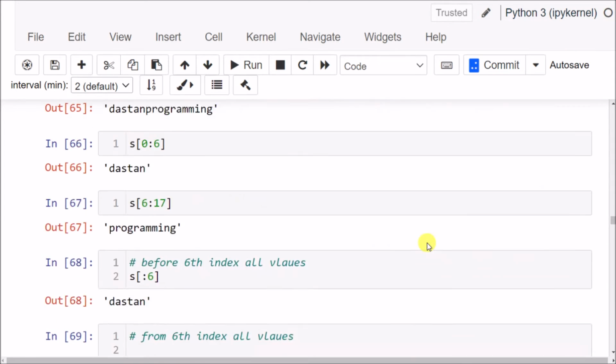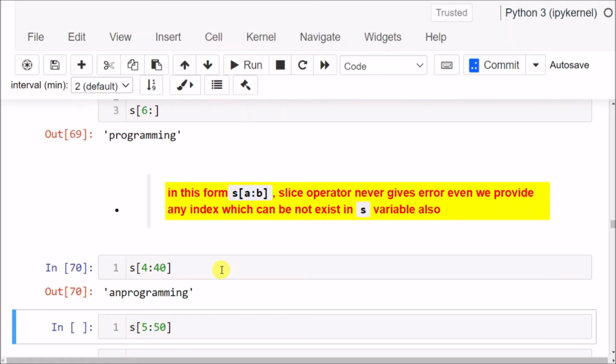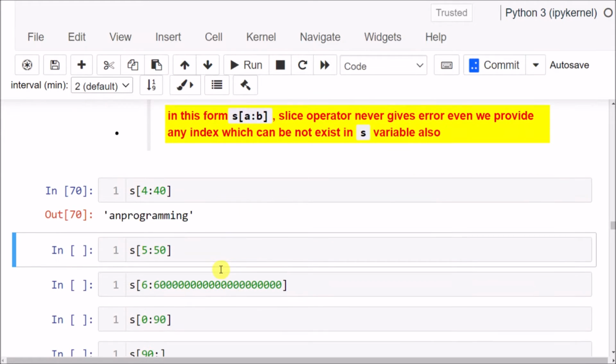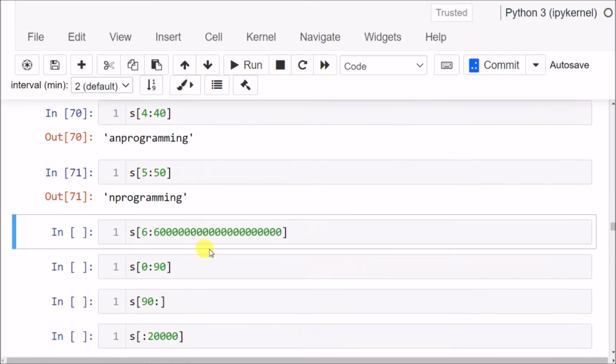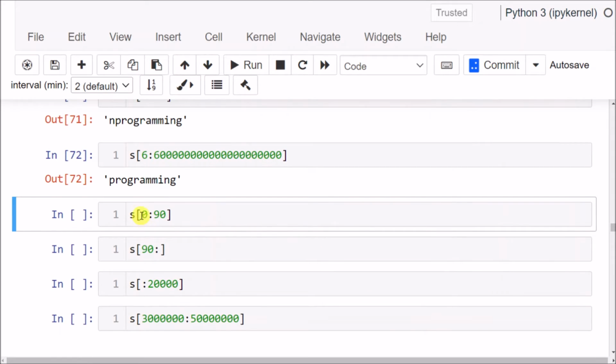Okay, so here from 4 to 40, that is all values, that is the AN programming, and here 5th to all values, and here 6 to all values, that is the programming. And here 0 to 19th means all values, because the 19th index is not available.